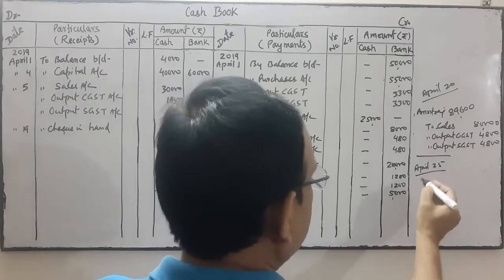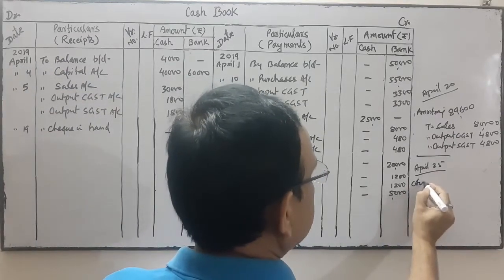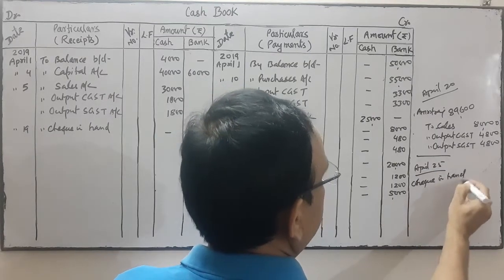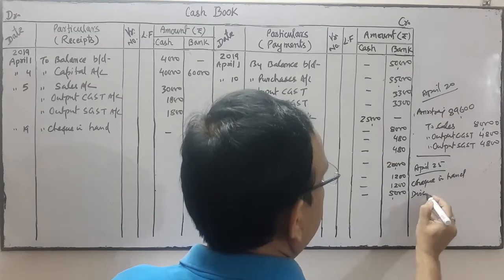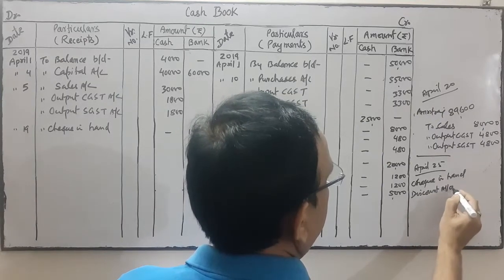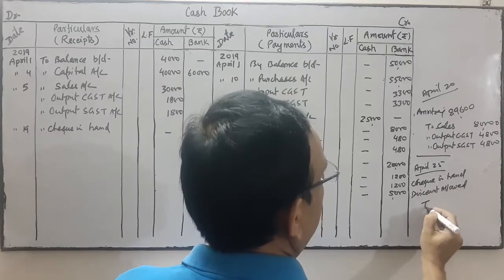So on 25th April, the check is received but not deposited into the bank. So check in hand account debit, discount allowed account debit to Amrit Raj.